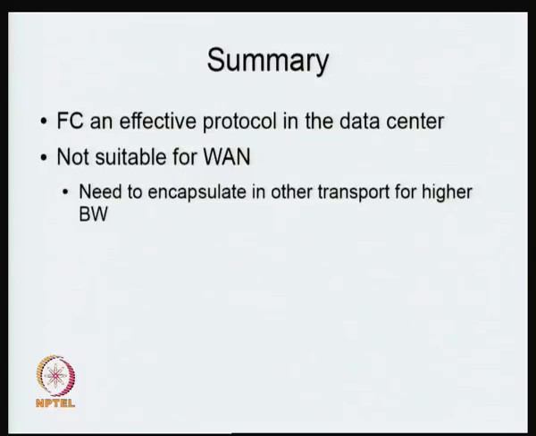We need to do something about encapsulating this protocol for high bandwidth, and fiber channel nowadays is also going through some other transformations. The idea is to see how you can encapsulate fiber channel in 10 gig Ethernet, and it's called fiber channel over Ethernet, FCoE. That is also something that is taking place on a wide scale.